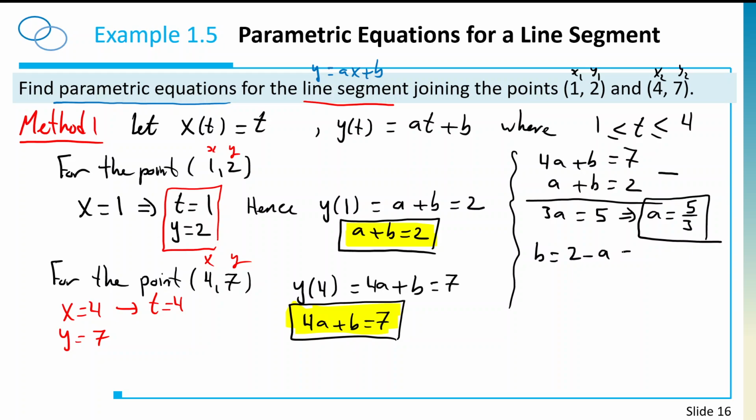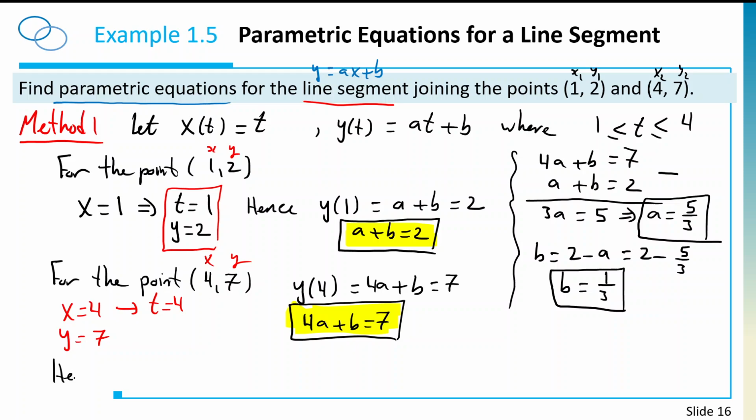Okay. And this equals 2 minus 5 over 3. And this is equal, b equals 1 over 3. Now we know the values for a and b. We're done.